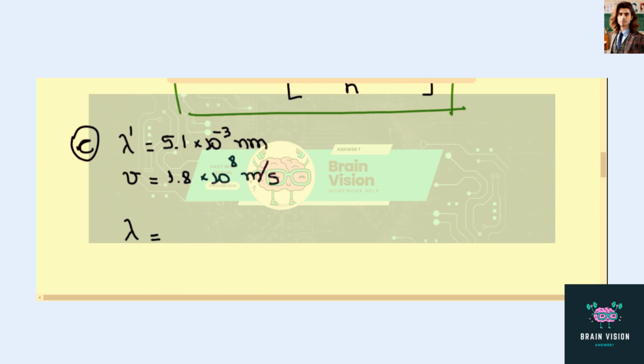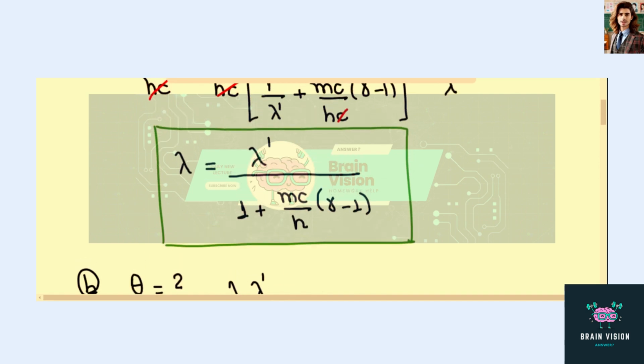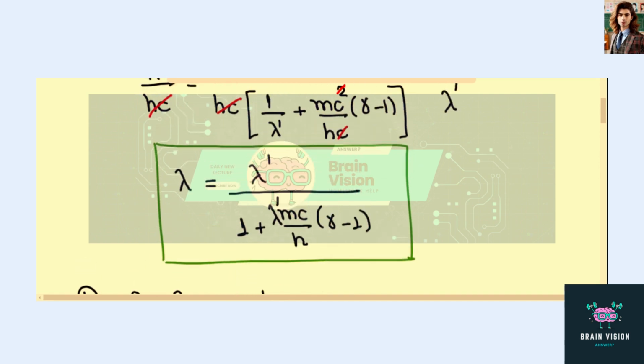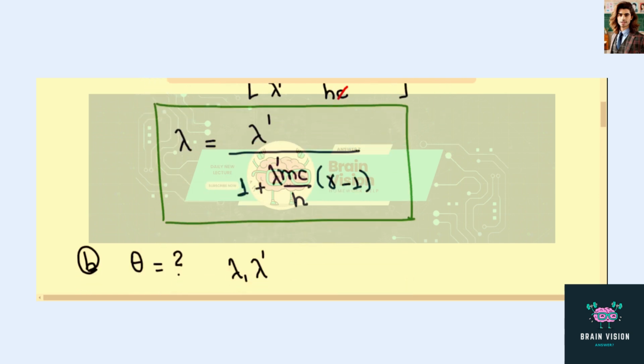So lambda, remember, is equal to lambda prime divided by 1 plus lambda prime, mc over h, times gamma minus 1. Actually, up here I forgot to write a lambda prime. I'm sorry for that. I should have written it before.